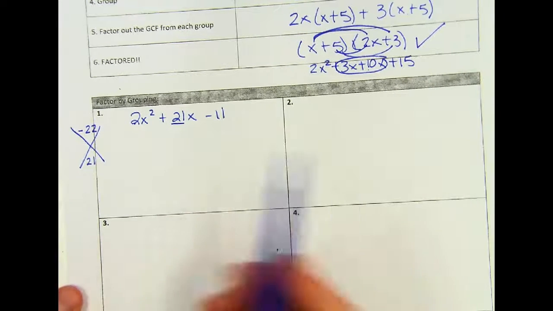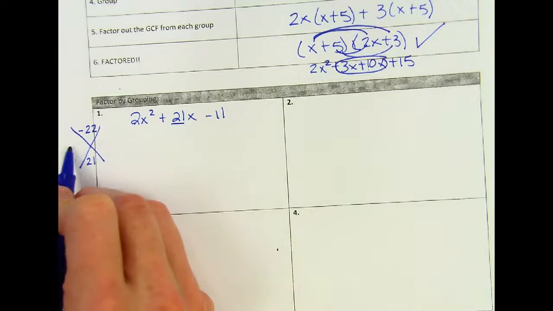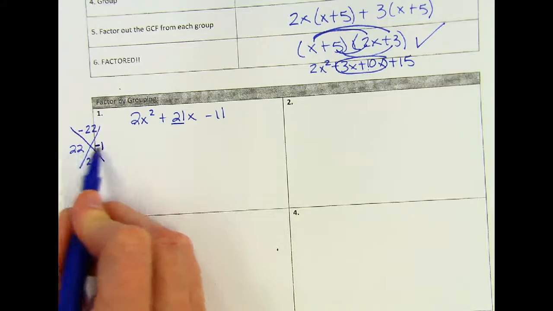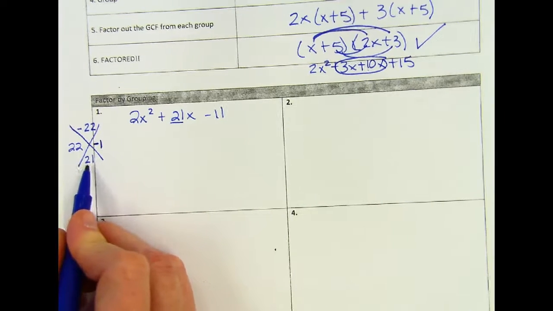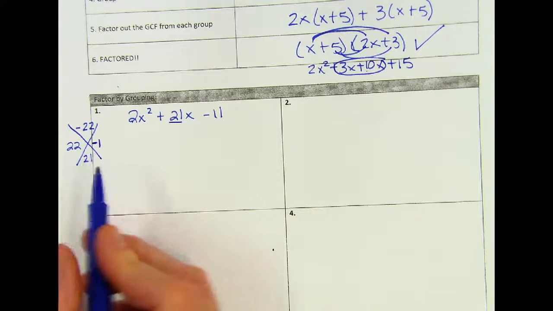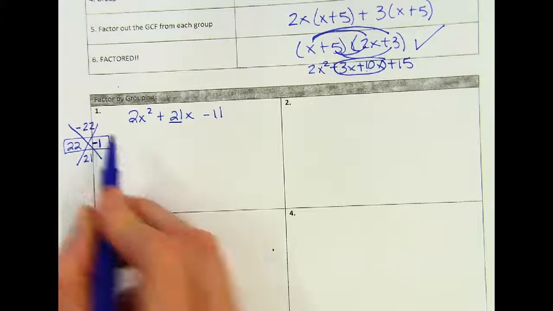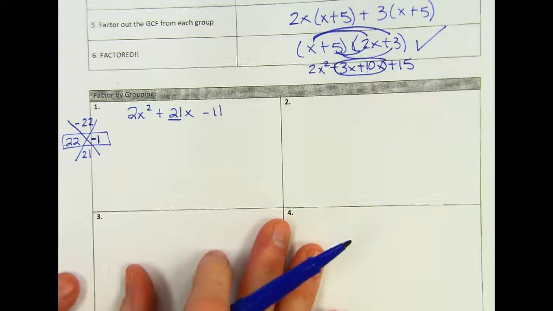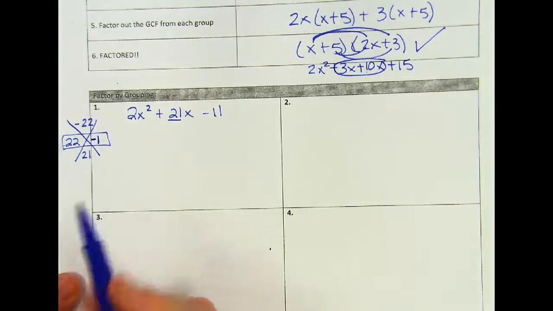And I automatically think of negative 22 as having the factors of 22 and 1. And if I make the 1 a negative and add these together, I can get a positive 21. So I have them in this order, and the order does not matter. That's what's so great about this. It will work either way you choose to put these numbers here.